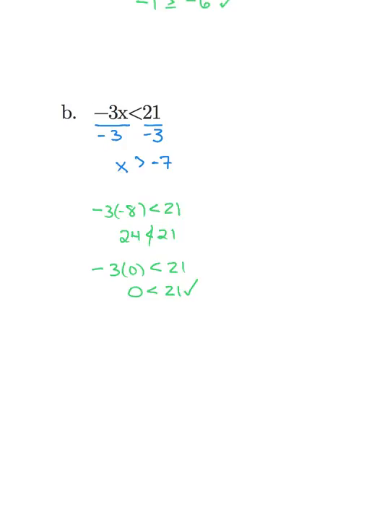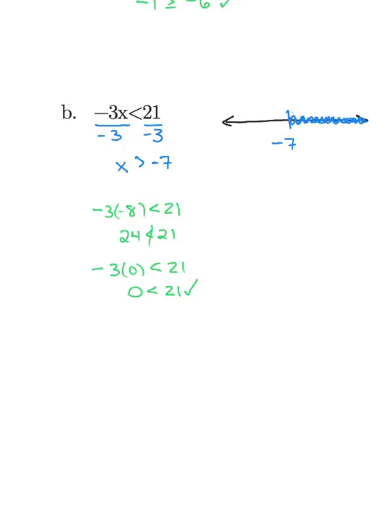All right, so now we want to go ahead and graph this on the number line. Again, I'm going to do this the lazy way. I'm just going to put one tick mark, label it as -7. Since our variable is on the left, we want to shade to the right. We want to follow our arrow.